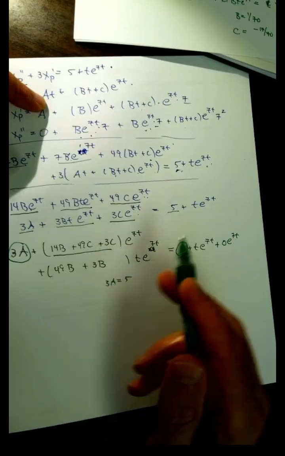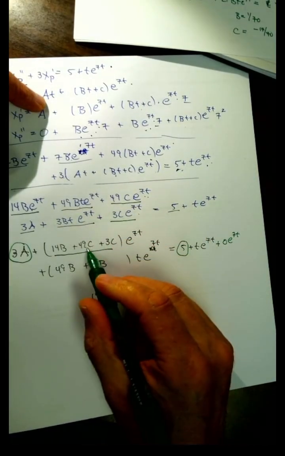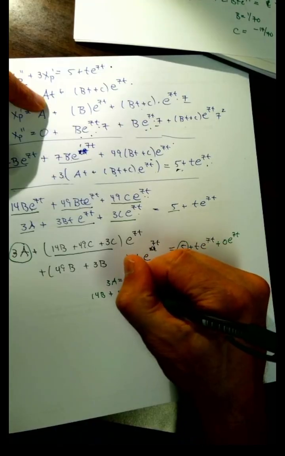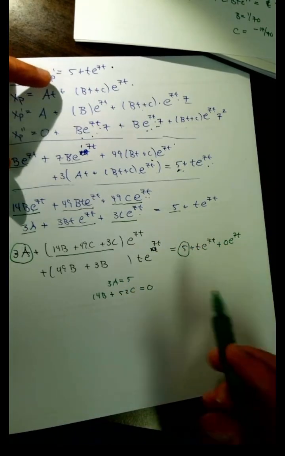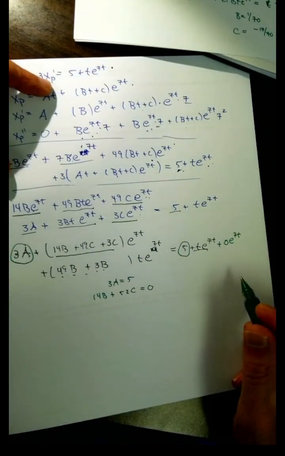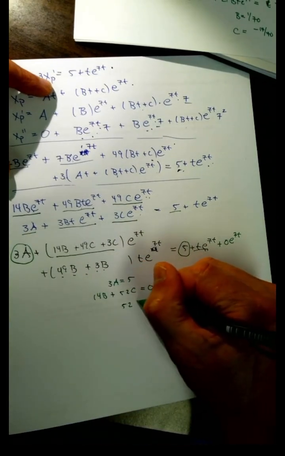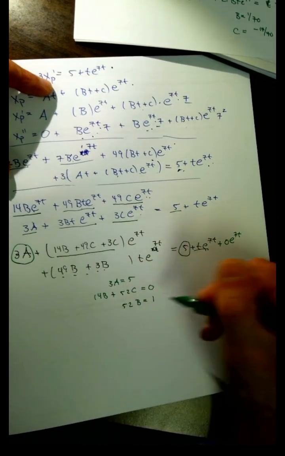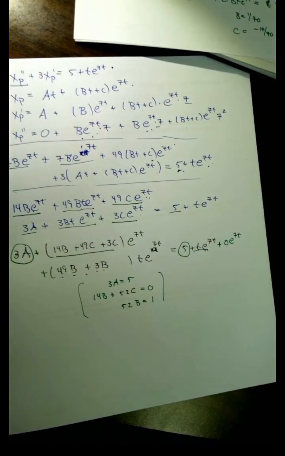So 14B plus 49C plus 3C, which is 52C, has to add up to 0. And then all of the t e to the 7t terms have to add up to 1. So this is 49 plus 3. It says 52B has to equal 1. And I have 3 equations, 3 unknowns.